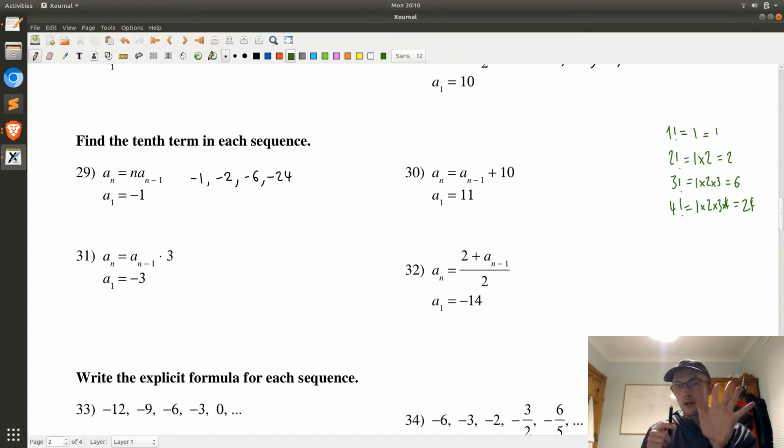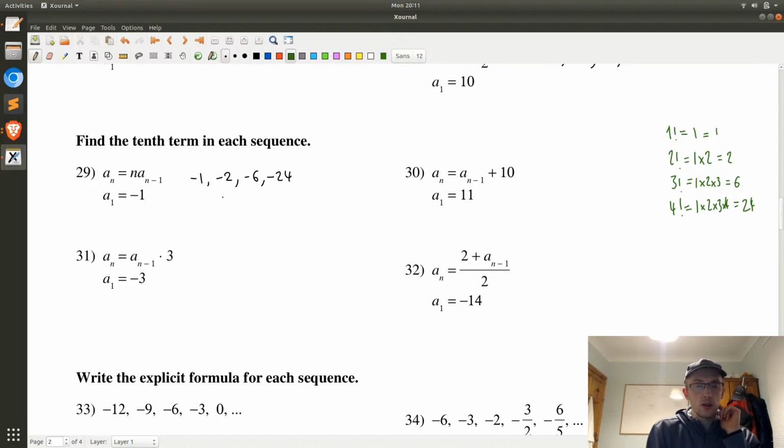It corresponds to the number of ways you could rearrange 5 books on a bookshelf. Call the 5 books A, B, C, D, E, and 5 factorial is 120. And so there are 120 ways to shuffle those 5 books. That's how you can think of that.